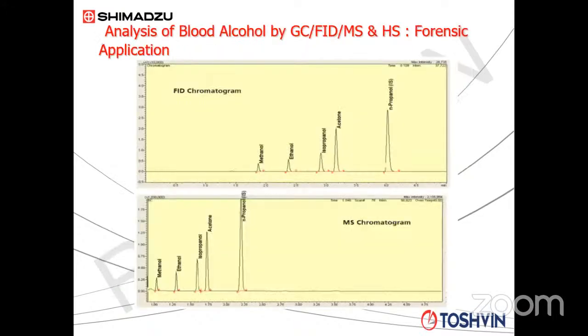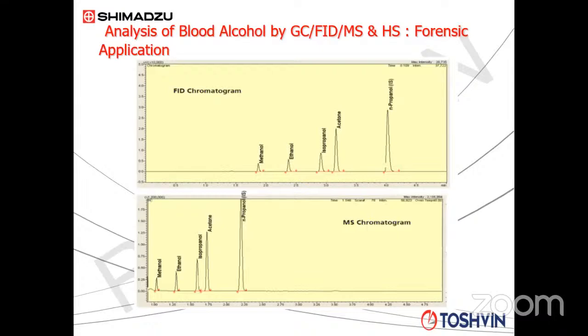This is a typically forensic application, alcohol in blood, using a GC, MS, and FID with a headspace. Along with your GC-MS, you can add other detectors also. On a GC-MS, you can attach an FID. When the compound is coming from the column, there is a provision. You can split this compound into two parts, and that is what is known as column splitting.